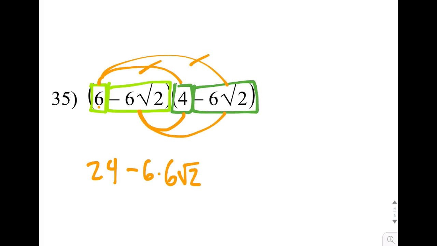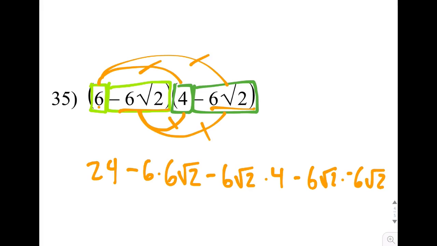And then over here we have negative 6 root 2 times 4. So now we're going to that one. Minus 6 root 2 times 4. I'm not even going to keep it in my nice order. And then the last one, negative 6 root 2 times another negative 6 root 2. So negative 6 root 2 times negative 6 root 2.